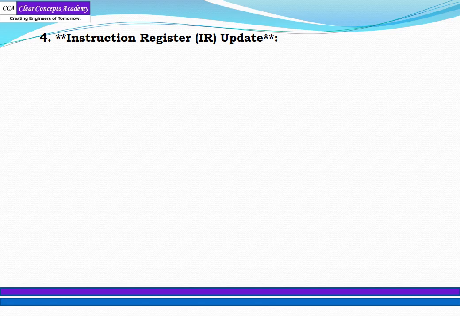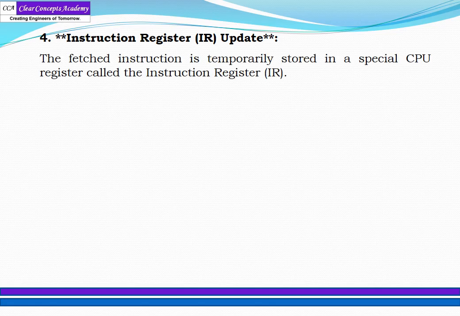Instruction register, IR update. The fetched instruction is temporarily stored in a special CPU register called the instruction register. As we have seen in the block diagram, there are temporary registers for the operations of executing instructions. So whatever instruction is fetched during the fetch cycle will be temporarily stored in the instruction register.